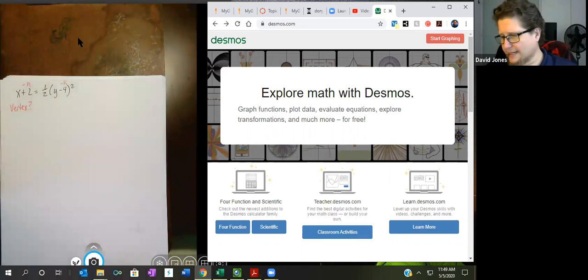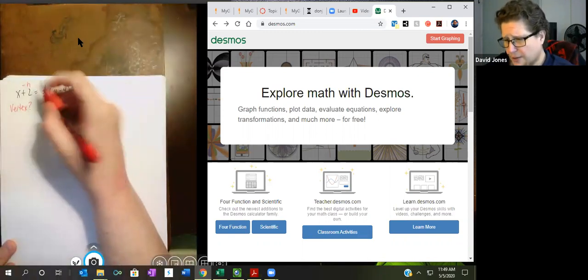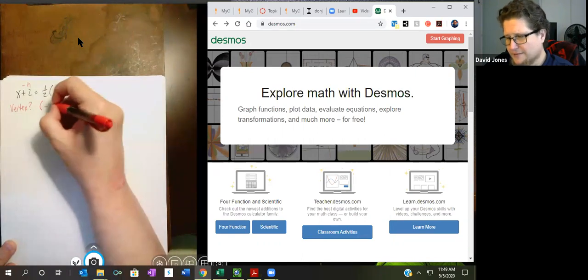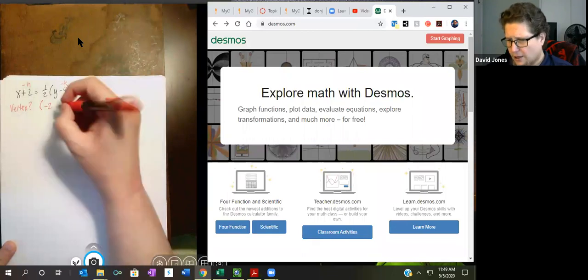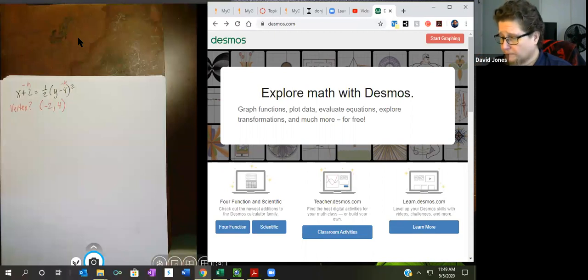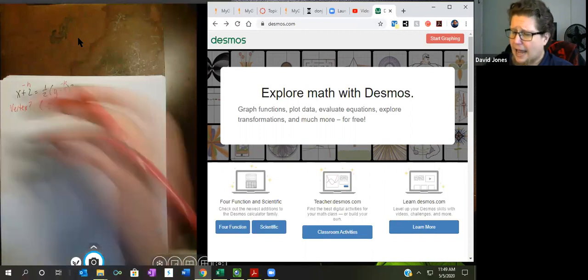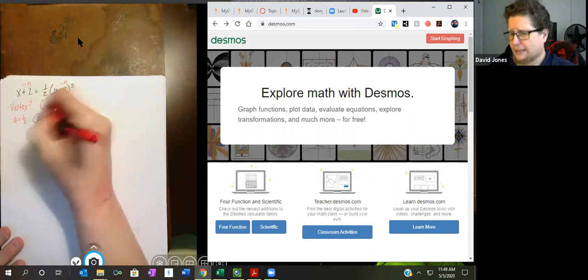If that's the case, -h, this is +2, so h has to be -2. K has a minus there, and this already has a minus, so k is +4. A equals 1/2, which means it's going to open to the right.